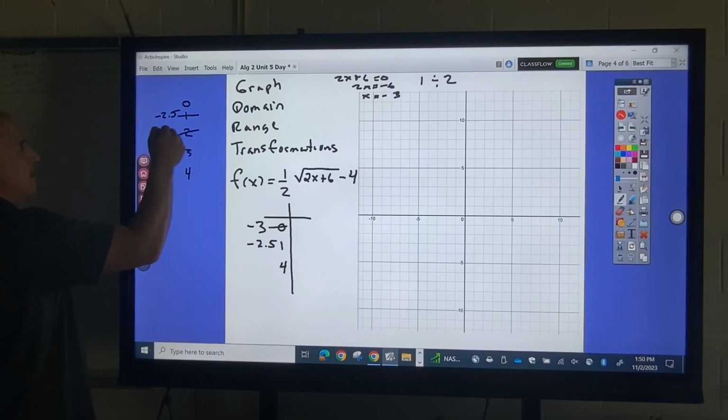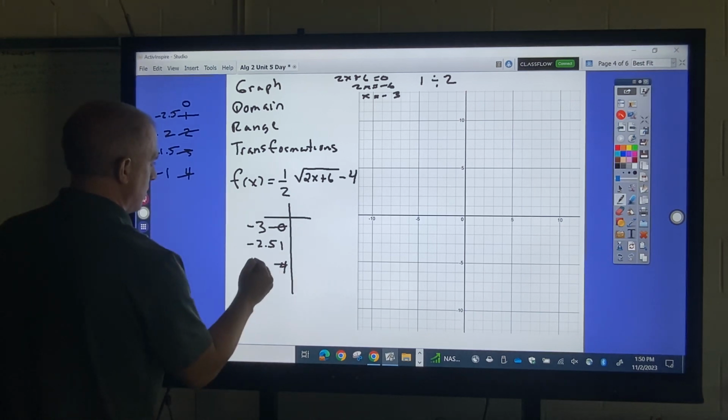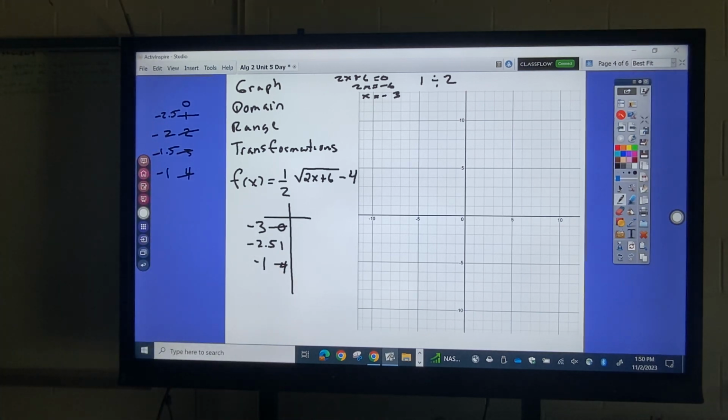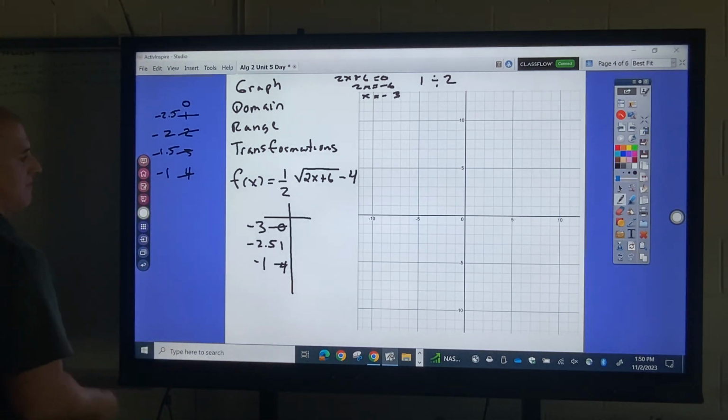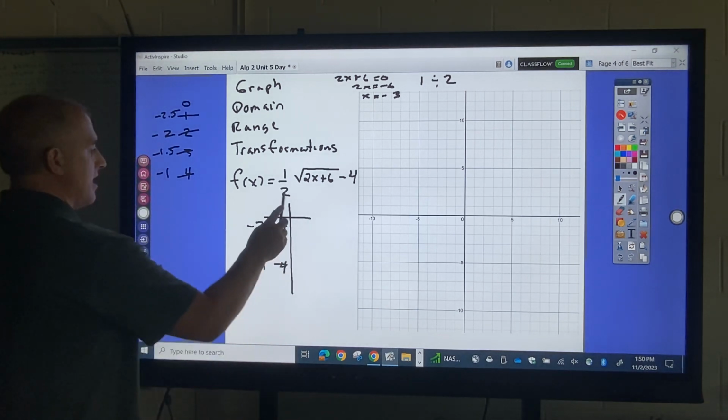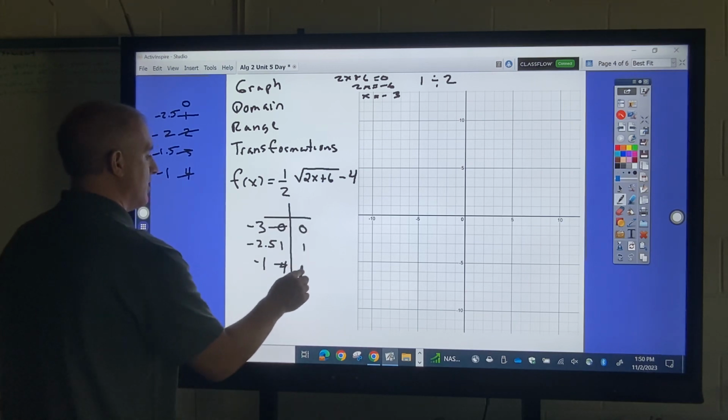This would be -2. This would be -1.5. This would be -1. Okay, so I'm moving in increments of a half. So then, this should have been 0, 1, and 2.